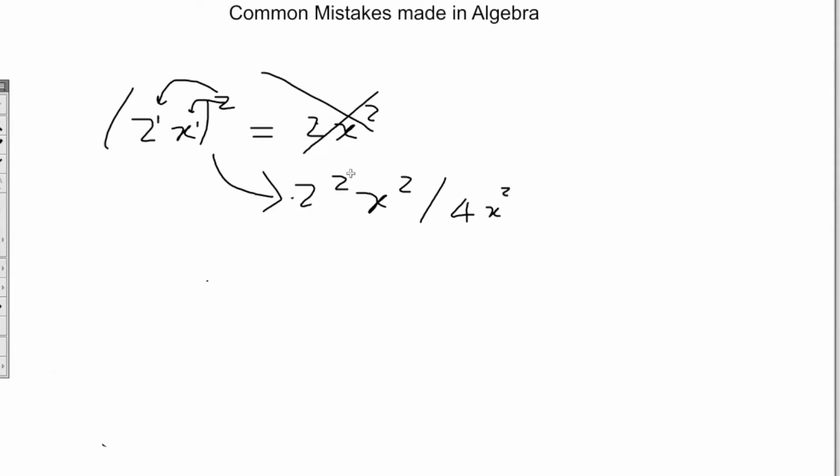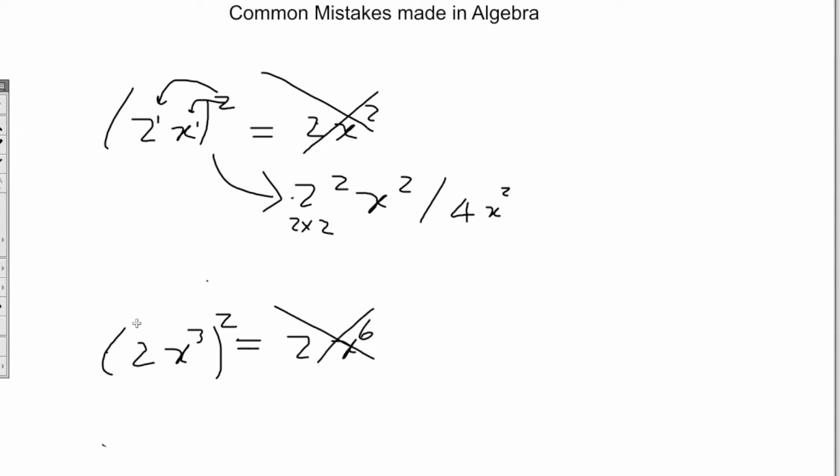So how did I get 4? Remember, 2 squared means you're multiplying the base twice, so it's 2 times 2. So that is how I arrive at 4. Now another example is where I have 2x to the power 3 raised to the power 2. Now the common mistake is to multiply the 2 times 3, so that would give us x to the 6, and that's not correct.